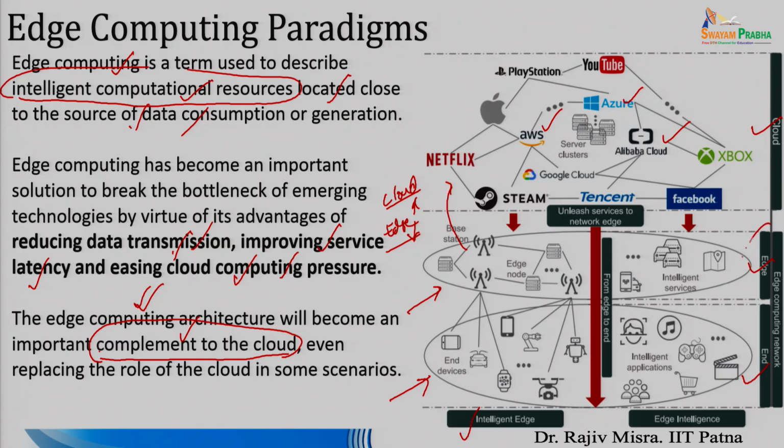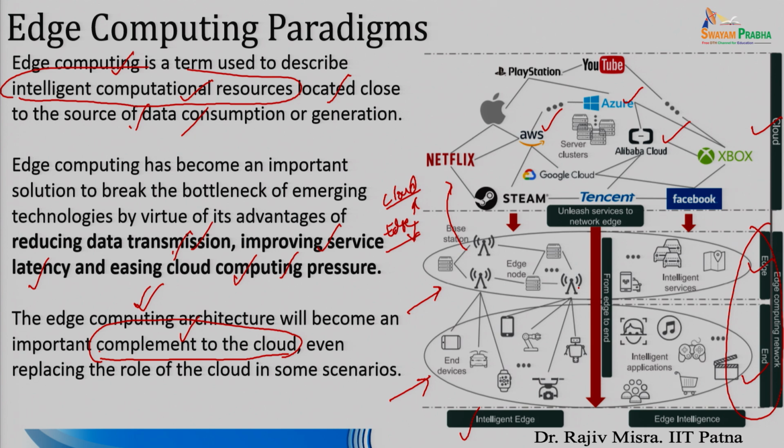Edge computing is confined here to the edge and the end. This particular way of giving the resources, whether through the close by computational resource, that is through the edge, or from the cloud, is why it is called intelligent computational resources.